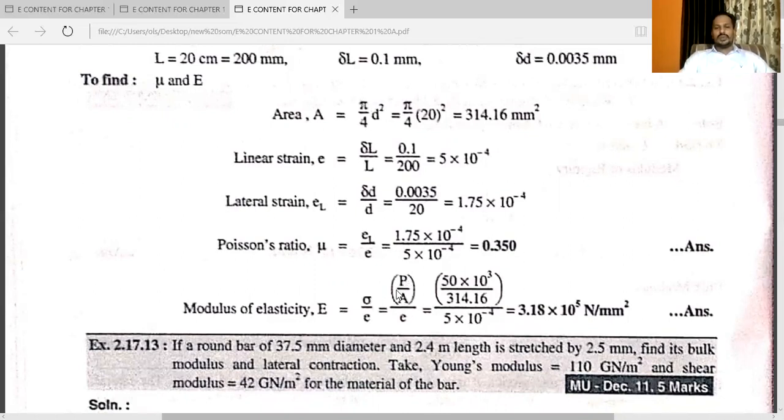So stress is equal to P by A. P is 50 into 10 raised to 3, and the cross-sectional area is 314.16. Here we have the linear strain, that is 5 into 10 raised to minus 4. So you will get the modulus of elasticity 3.18 into 10 raised to minus 5 Newton per mm square. See, just by using simple formulas, you can solve this type of problems.